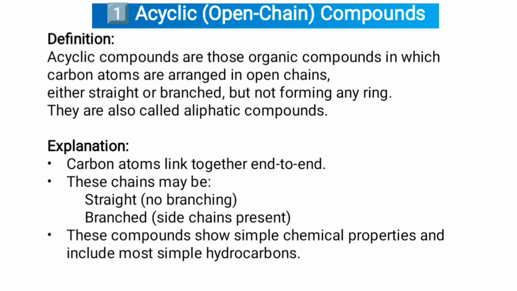Explanation: carbon atoms link together end to end. These chains may be straight, with no branching, or branched, with side chains present. These compounds show simple chemical properties and include most simple hydrocarbons.